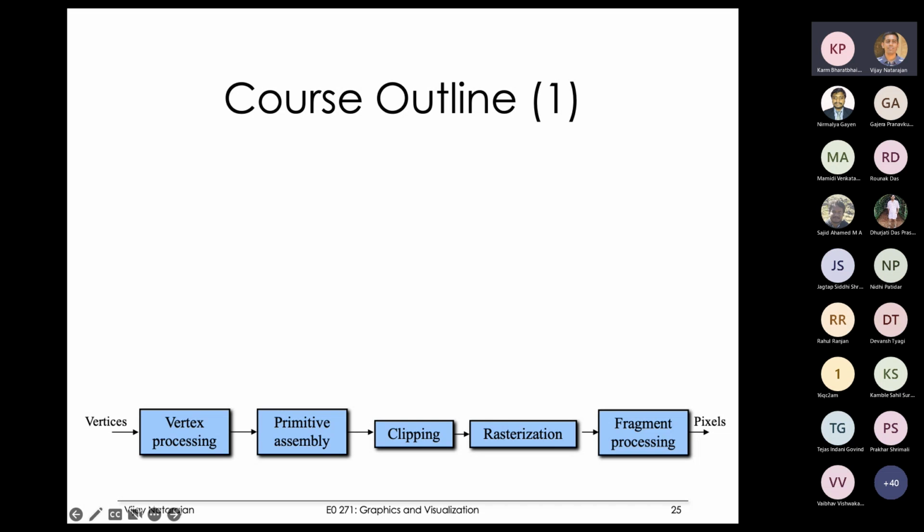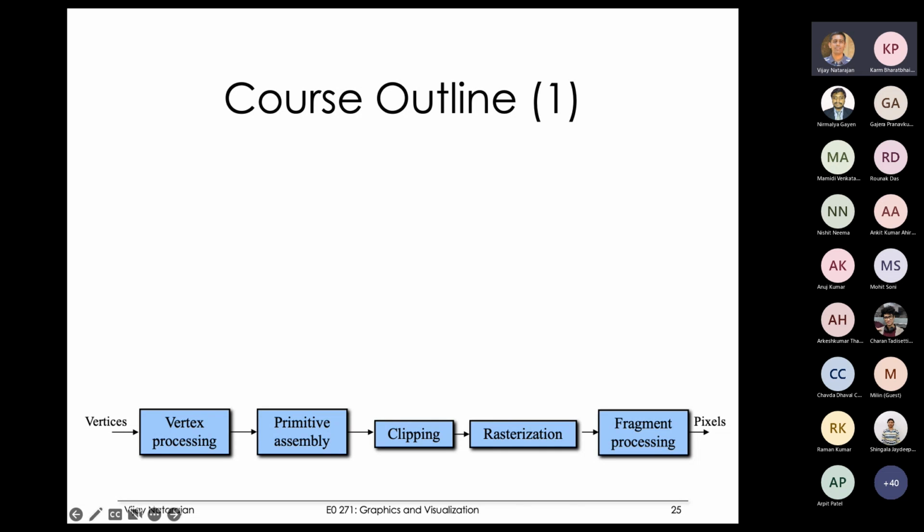The process by which your geometry, represented as a collection of vertices, gets converted into pixels is called the graphics pipeline. The vertices are processed initially, transformed into different coordinate systems, and projected. Then the vertices are collected together into so-called primitives: triangles, edges, and so on.